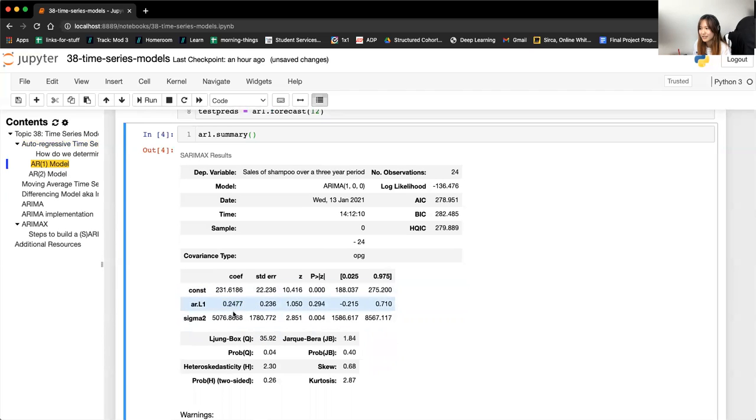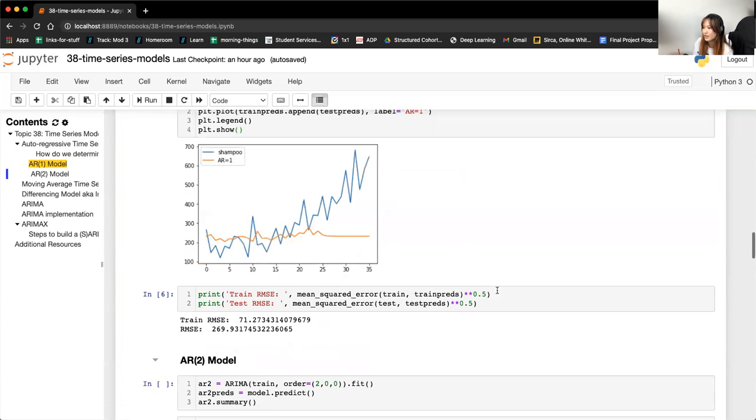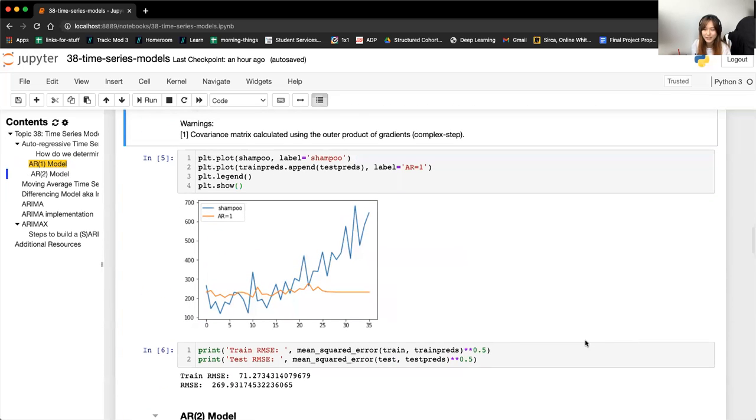This component says that for the next time step, we're going to take yesterday's sales of shampoo and multiply by 0.24. And this sigma2, I believe, is some error term. But the most important part to note is this: for each successive term, how much of the previous day's value is important. So with that, that's our first AR model.